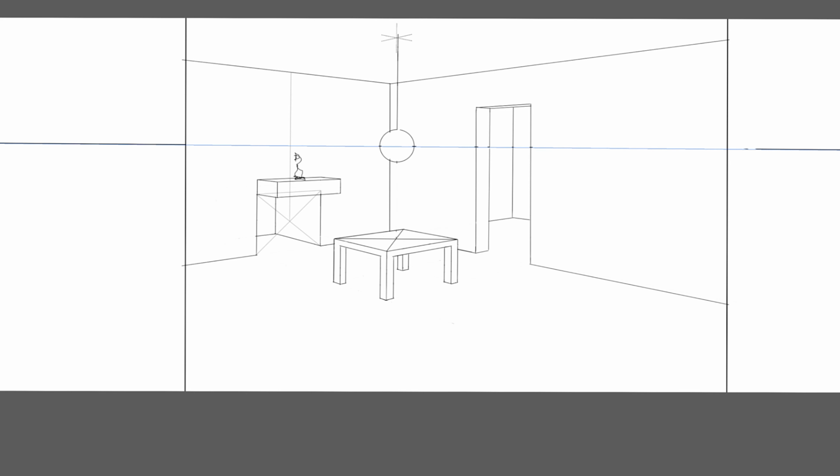So all I have to do now to find out where this is, project a line from this vanishing point over here out across the ceiling where that hits that, gives me the, let's see how this line looks like. It's a little tilted. Let me see here. I guess it's okay.